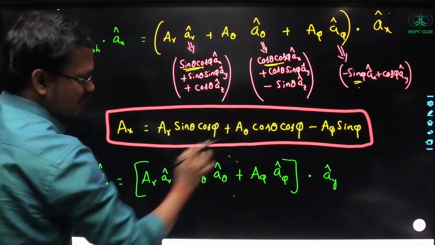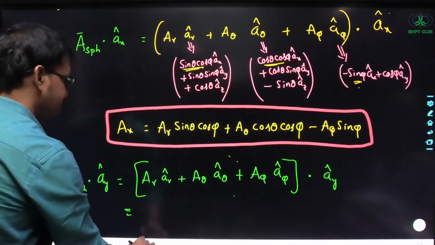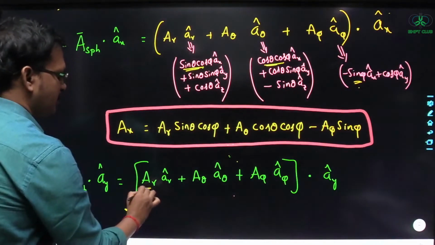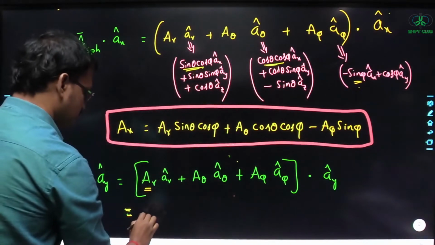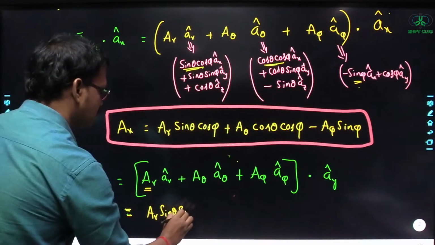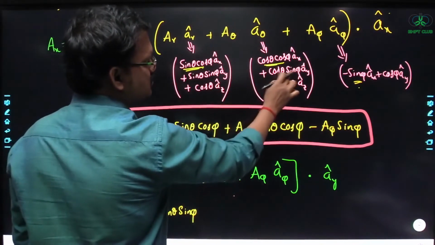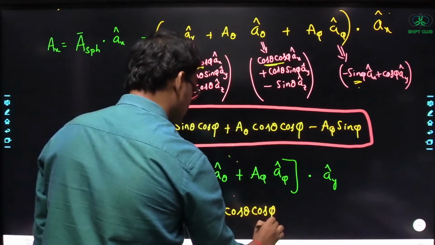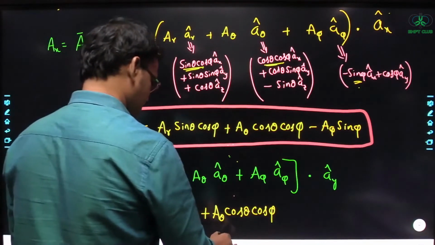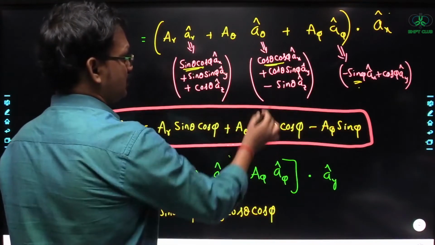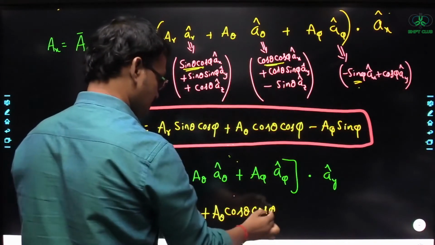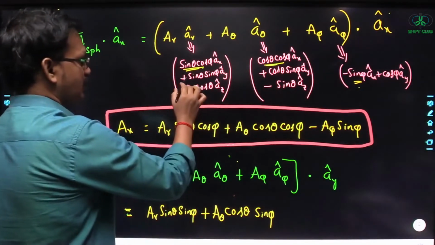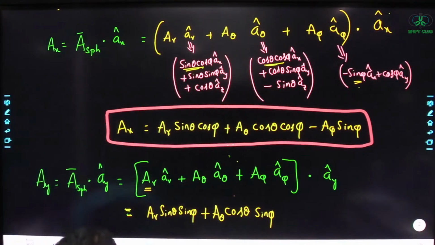What you are going to get is AR times sin theta sin phi, next A theta times cos theta sin phi, and A phi times cos phi. Sorry, wait. Okay.